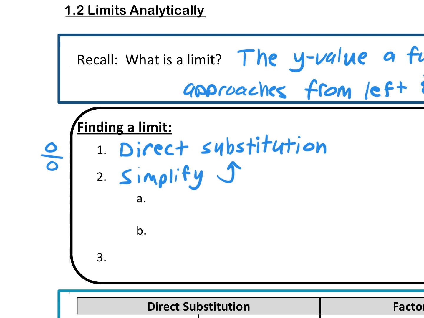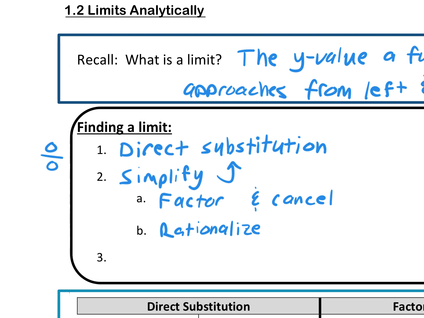The most common ways that we would simplify is just what you did in your warm-up: you can factor and cancel, or you rationalize if there's a radical. Those are the most common ways that you would simplify. After doing this, you should be able to just directly plug it in, and then you'll get an answer.